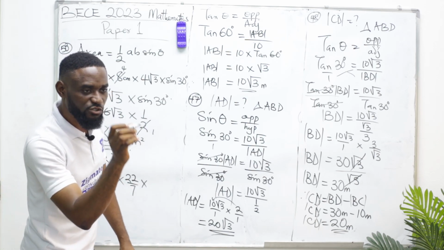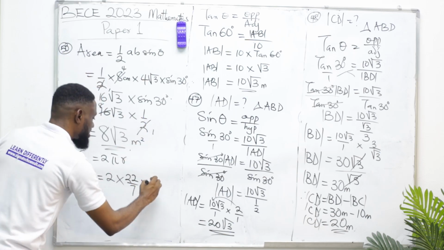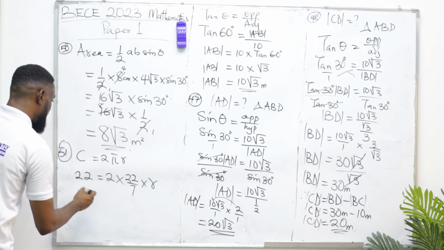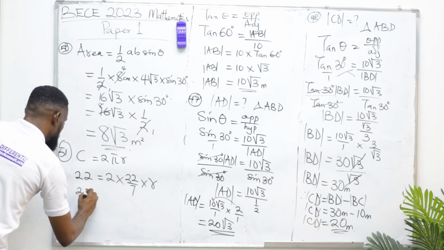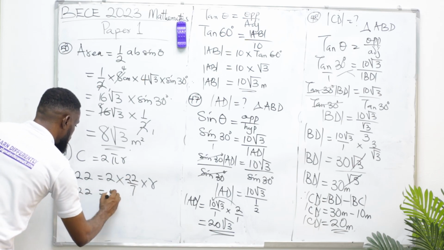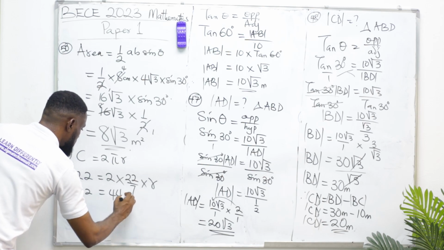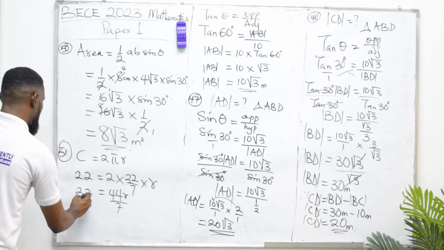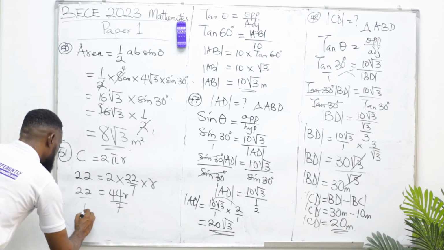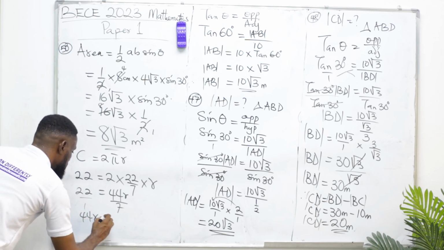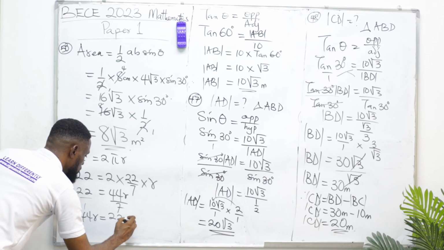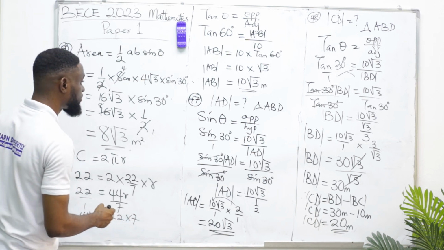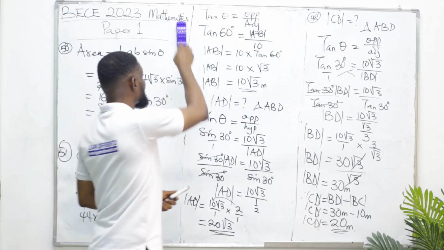They say find the radius of a circle, so that is what they're asking us to find, radius. Once we have done that, 22 is equal to 2 times 22, which is 44, times r, so 44r all over 7. If you cross multiply, we'll have 44r equals 22 times 7.